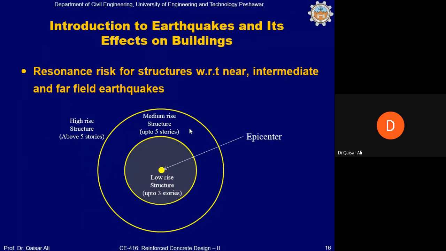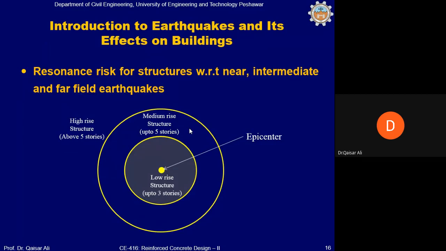It only means that the probability of occurrence of resonance for low-rise structures is very high in the near-field region, and for high-rise or medium-rise structures, this probability is low.